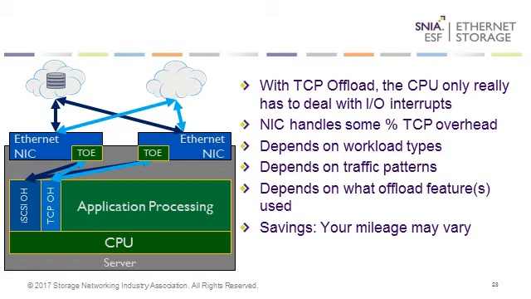If we have that TOE card, at that point you can decide how you want to offload, and the NIC handles some percentage of the TCP overhead depending on what you choose to offload, the type of workloads on your server, and the traffic patterns being processed at that time. But in almost all cases you can see some change in the amount of TCP and I/O overhead that the CPU has to process with the presence of a TOE card.